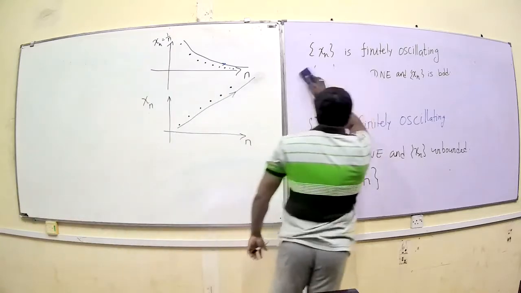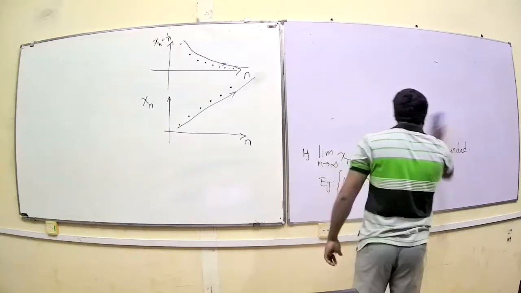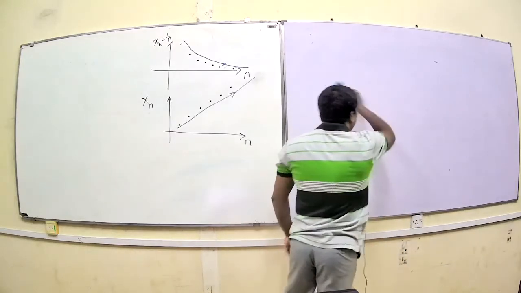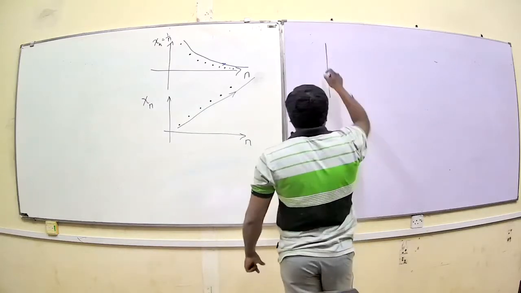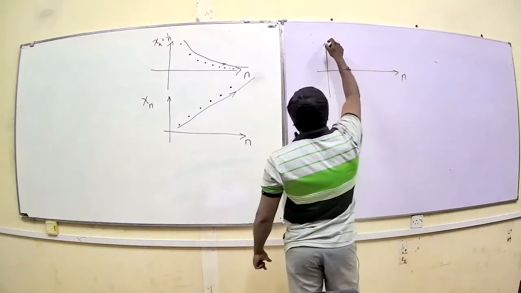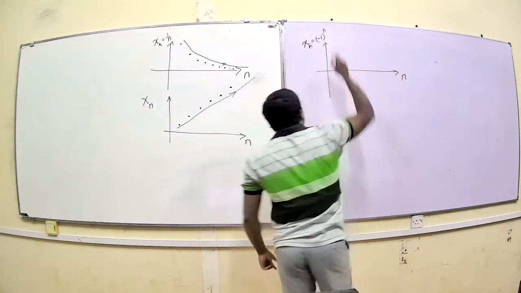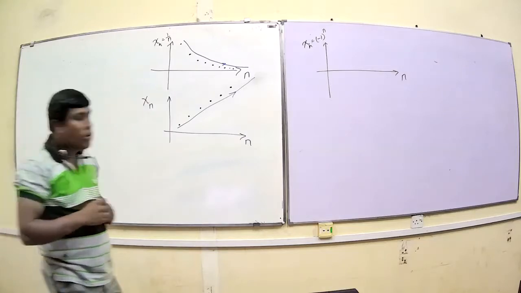Oscillating sequence, which I drew last time also. So xn is equal to (-1)^n.